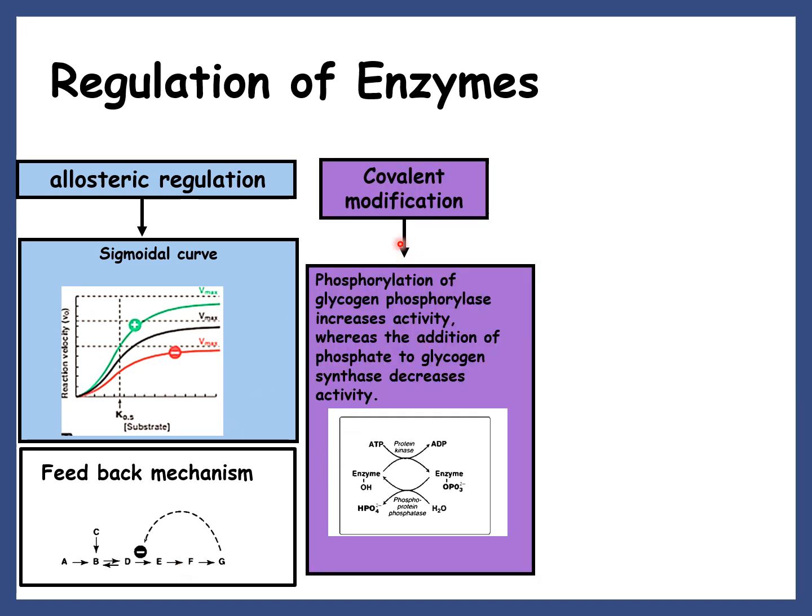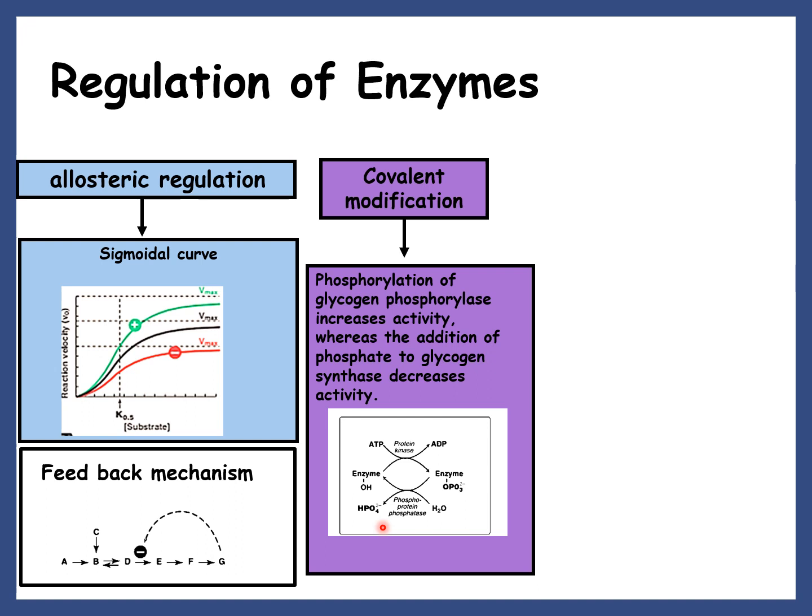Then come the covalent modifications. In covalent modification, phosphorylation and dephosphorylation is the key mechanism where the phosphate group is either attached or removed covalently from an enzyme. The kinases are the enzymes which add phosphate groups covalently to other enzymes, and the phosphatases are the enzymes which remove this phosphate group from other proteins.